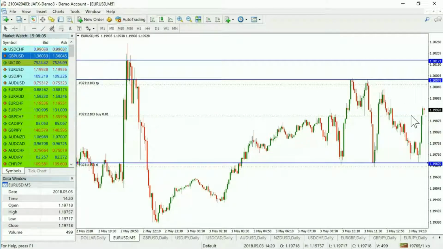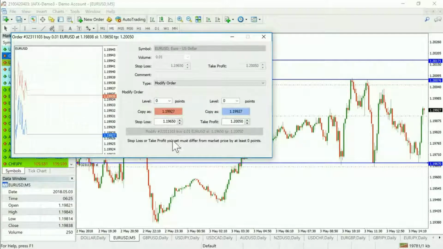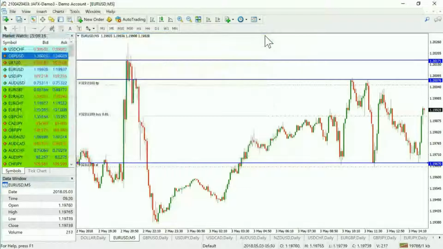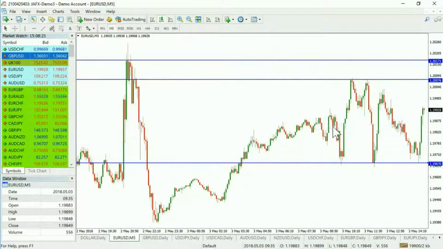We'll book in a little bit of profit on this particular trade, and we'll close. So let me modify. Let's close this trade at that price. So we've actually booked in a little bit of profit on that buy trade purely because the market proceeded to push to the upside. And if it kept moving to the upside, we would have had a take profit at these higher levels and being able to book in a little bit more profit.